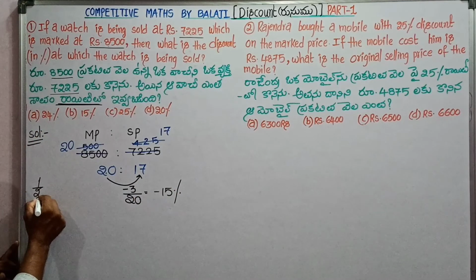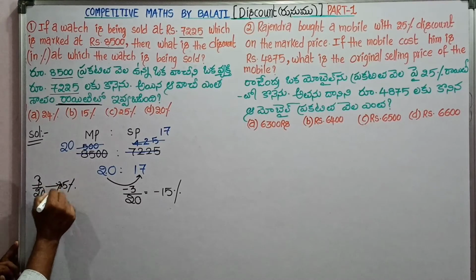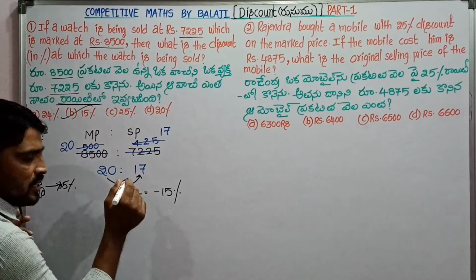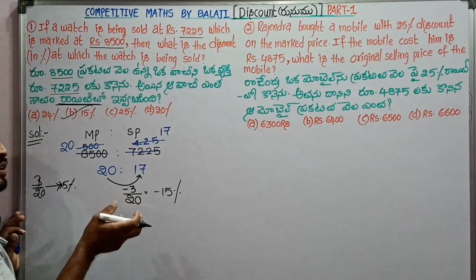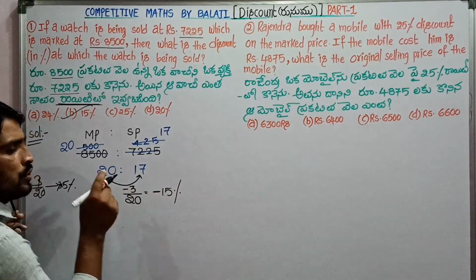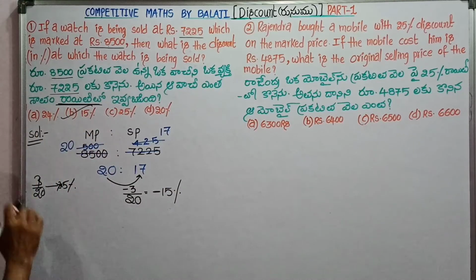Since we know that 1 by 20 is 5%, so 3 by 20 is 3 times 5, that is 15% discount. So answer is B. Since discount is nothing but reduction or deduction in the price of the article, we use a negative symbol. So discount allowed on market price is 15%.